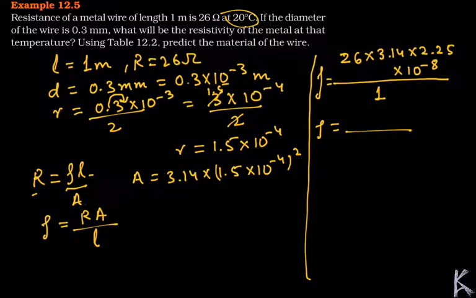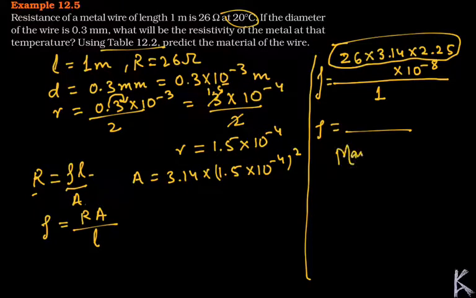Whatever rho comes, you will match it with the material of the wire using Table 12.2, which is given in your NCERT science book. Here I am not going to solve it anymore because this is just a simple multiplication. You can solve it and write it in scientific notation, and it will come out to be, I think, manganese.